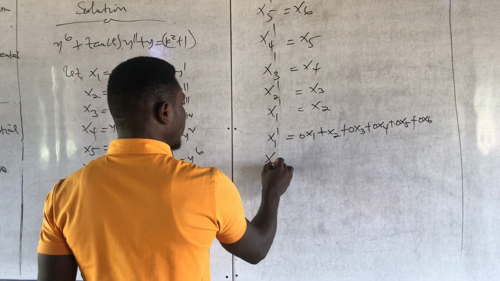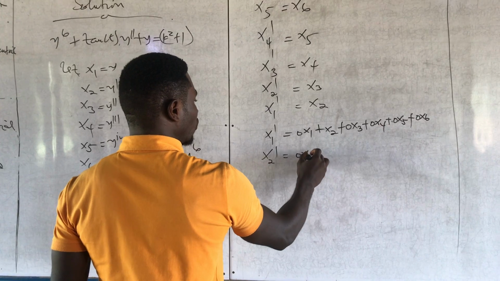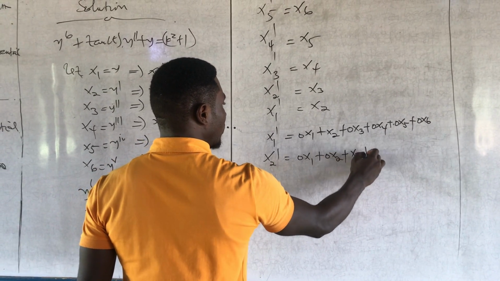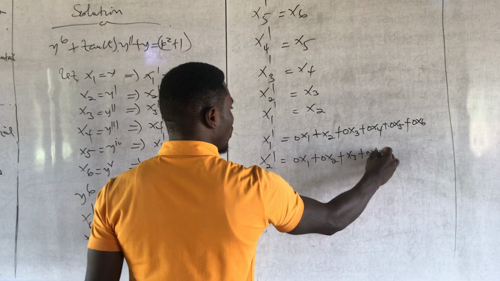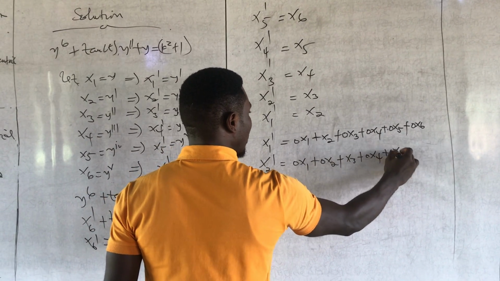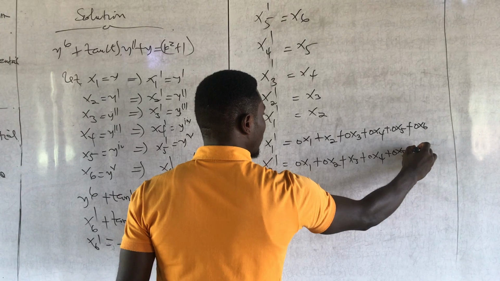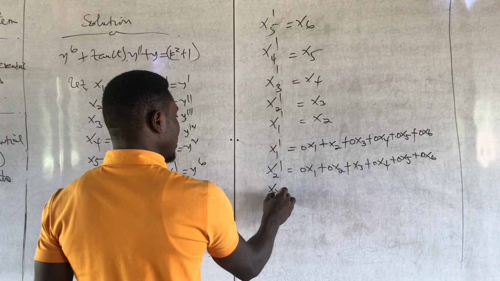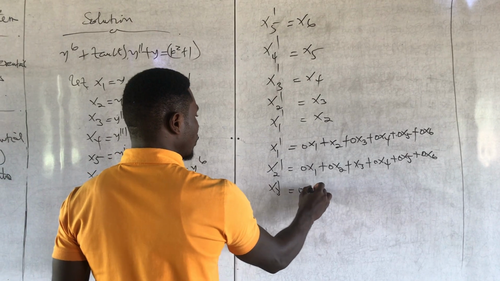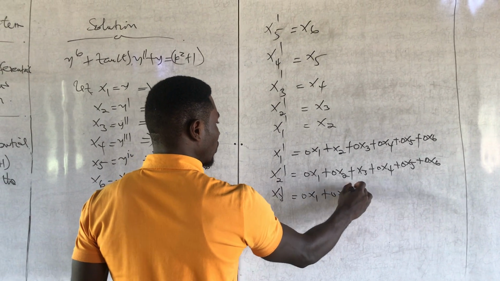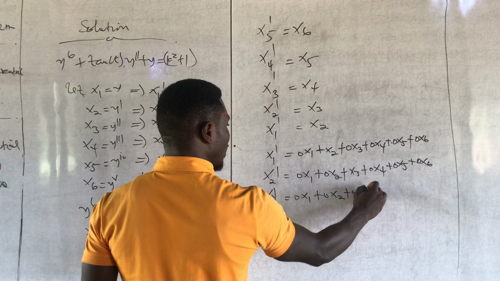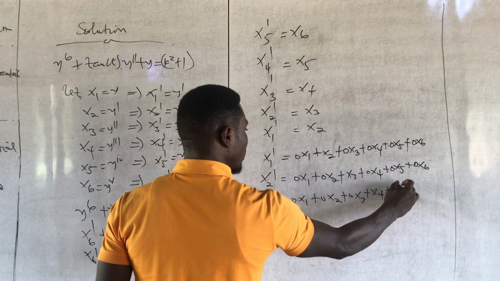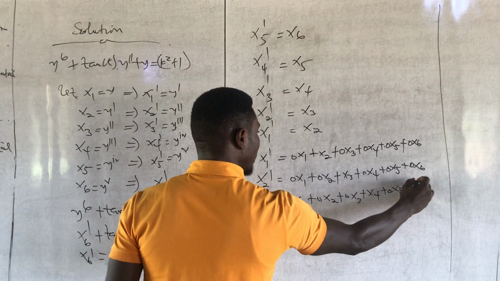Now our x2 prime is equal to 0x1 plus 0x2 plus x3 plus 0x4 plus 0x5 plus 0x6. Now our x3 prime is equal to 0x1 plus 0x2 plus 0x3 plus x4 plus 0x5 plus 0x6.